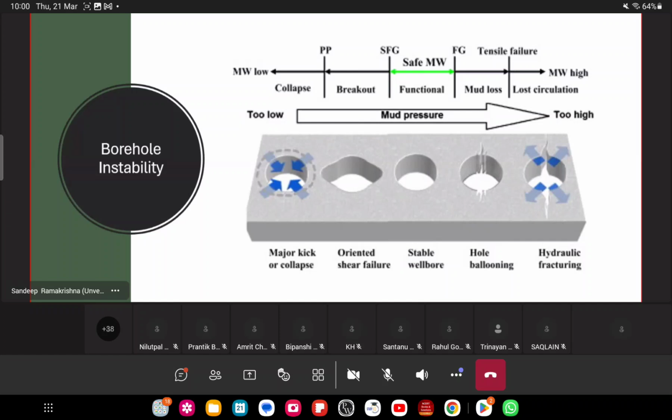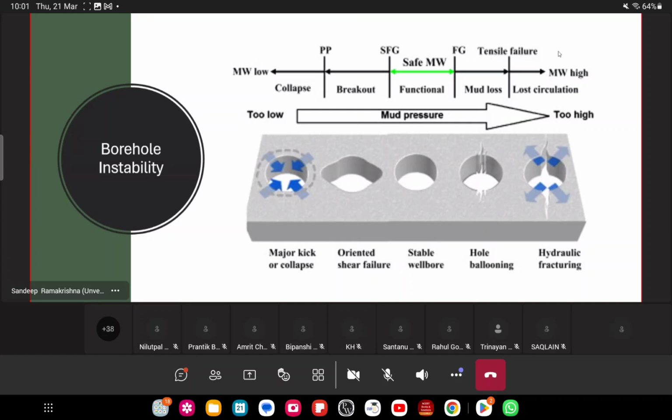You have to exceed the frac pressure of that particular rock. So it's all about rock strength, and the holistic approach to that is called geomechanics. So if your mud weight is too high, you basically are going to frack into it. That is, if you're greater than the tensile failure.